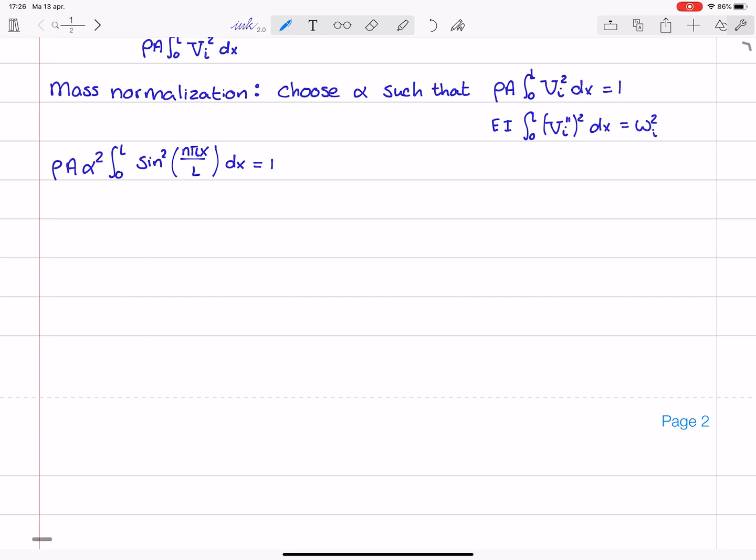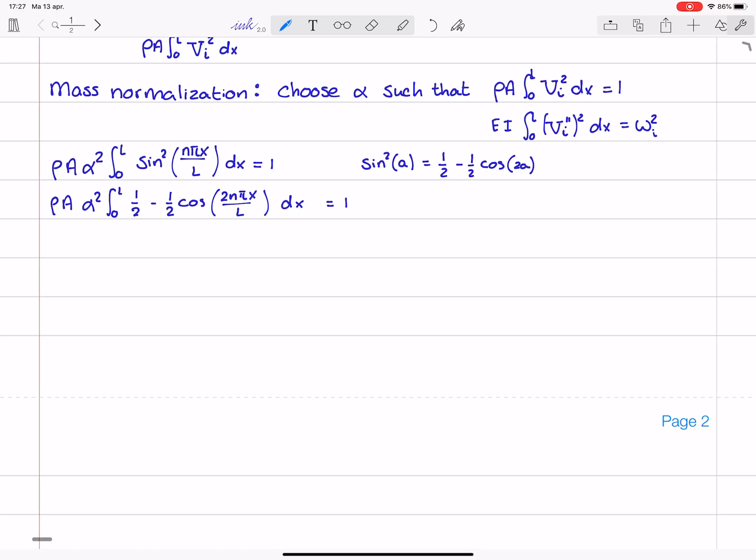I will rewrite this using that sine squared of something can be written as a half minus a half cosine of 2 times something. So we get rho A alpha squared times the integral from 0 to L of a half minus a half cosine of 2n pi x divided by L dx, and this equals 1.